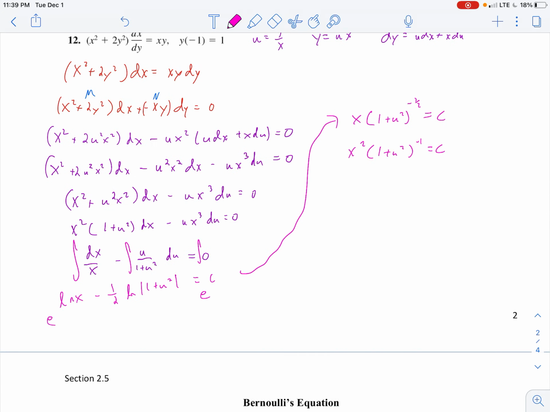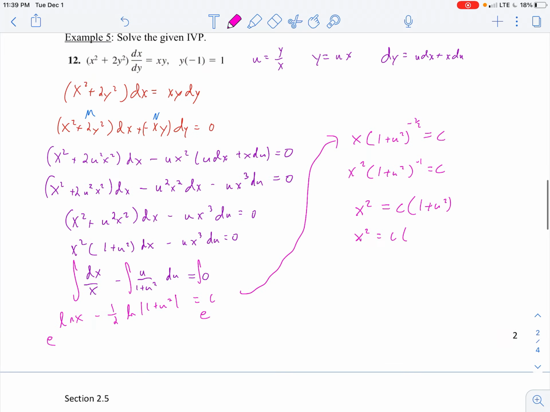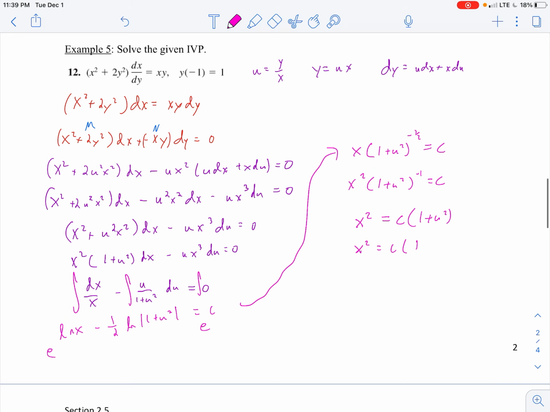Let's get rid of that negative 1 by putting it on the right side. So x squared is equal to c times 1 plus u squared. And now let's change what u squared is. So u is y over x, I believe. Yeah. So we get 1 plus y squared over x squared.